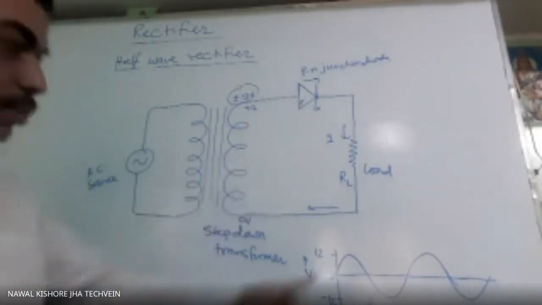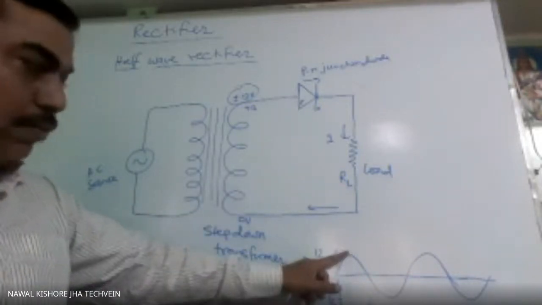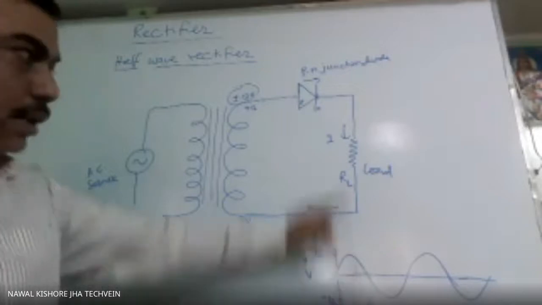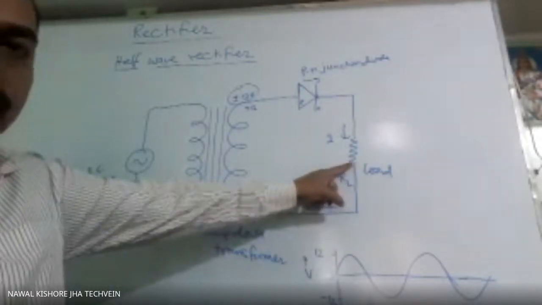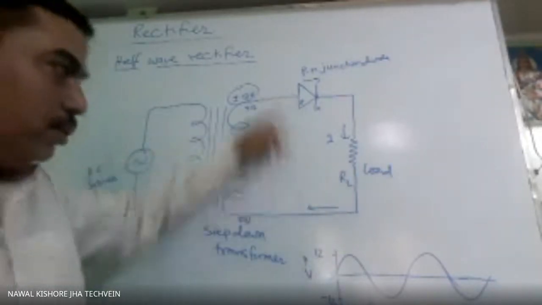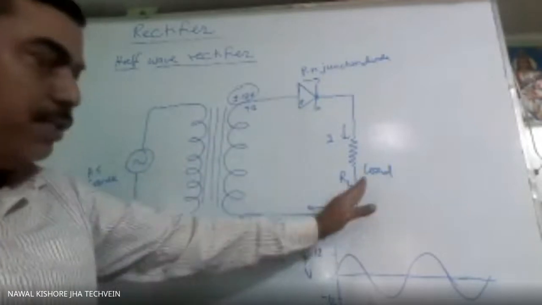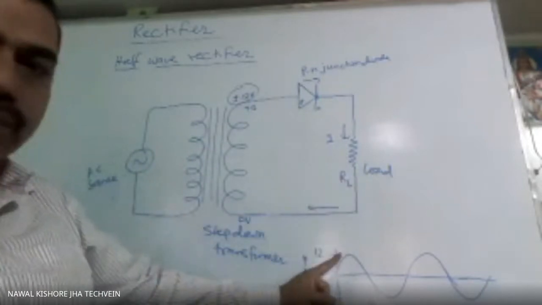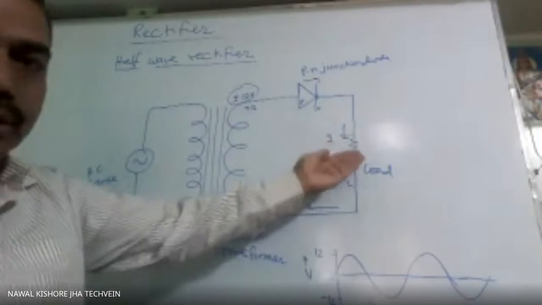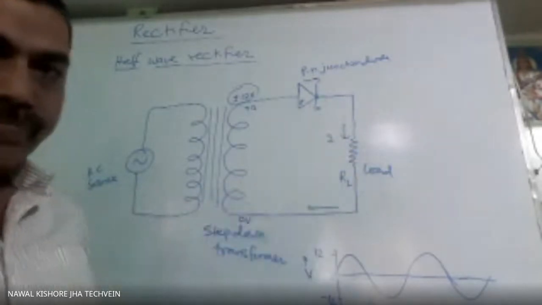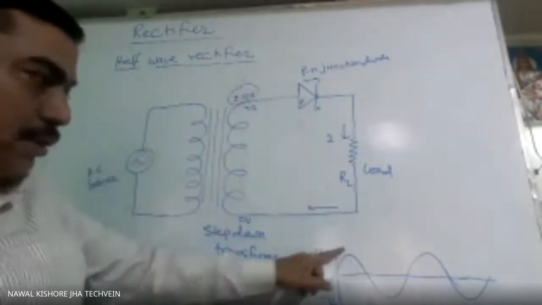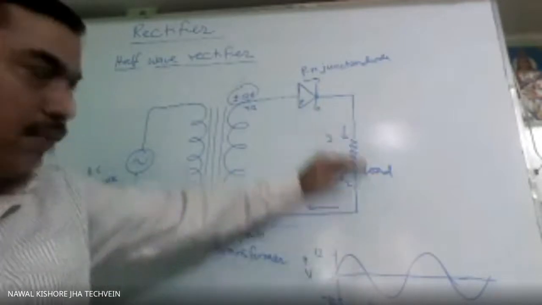This voltage, suppose it is increasing from 0 to 12 and then 12 to 0. Then the current will also increase. When both are 0, the current will be 0. When it is increasing towards the positive side, the current will also increase, or its voltage will increase. When it is decreasing from 12 to 0, the current will decrease.